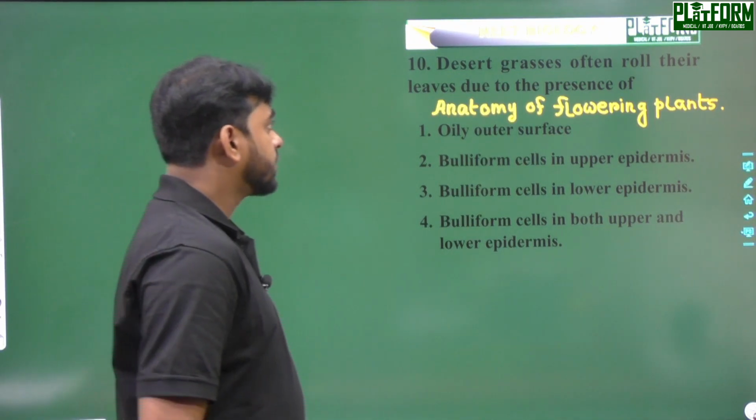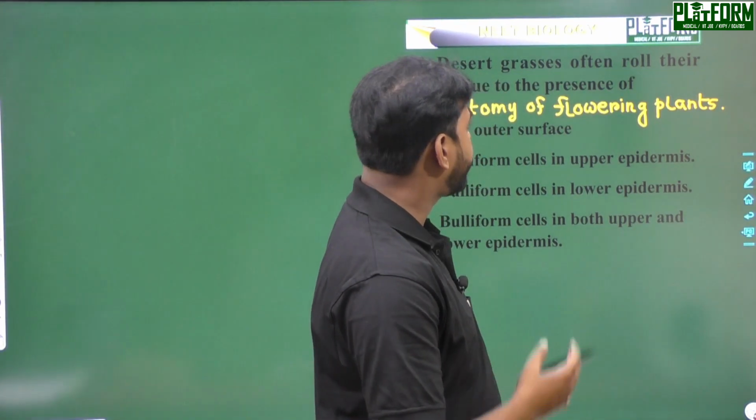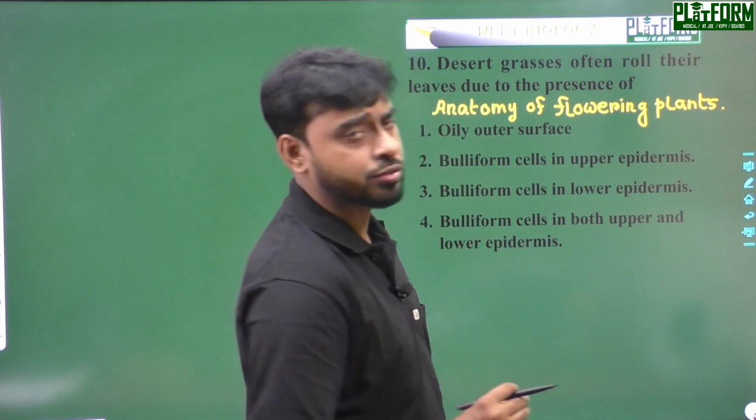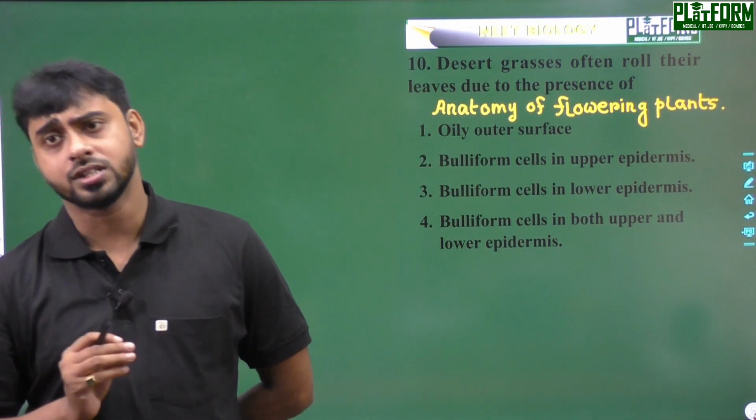Now it is written that the desert grass often rolls its leaves due to the presence of which of the following structures?